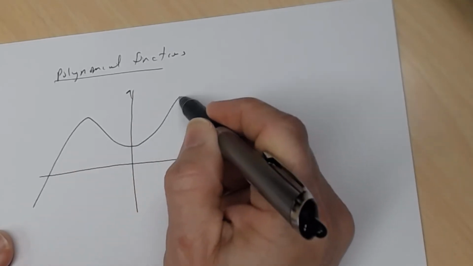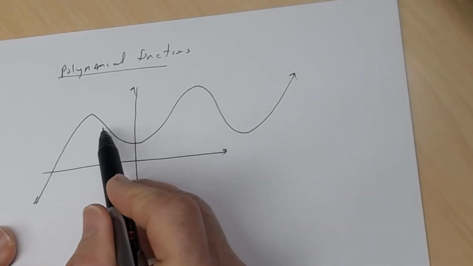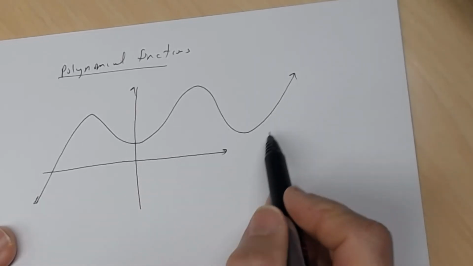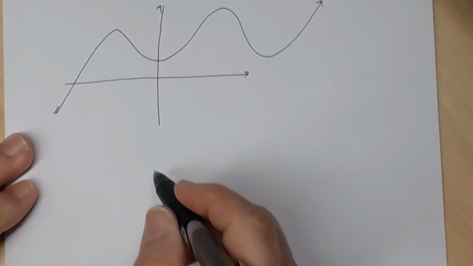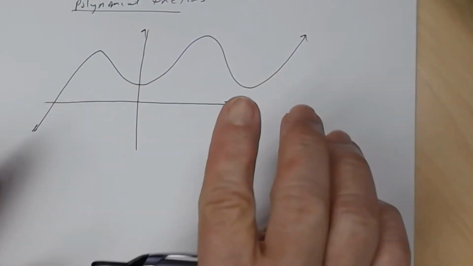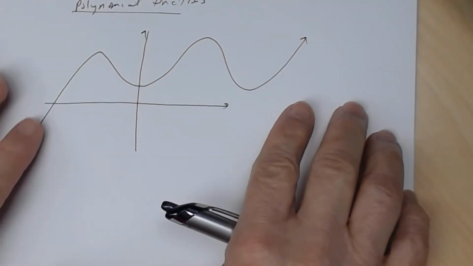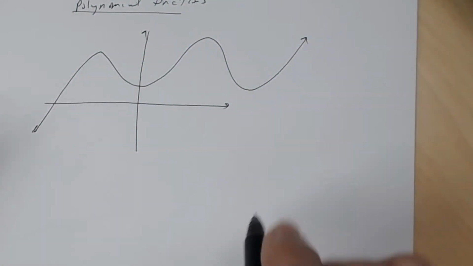Notice how I'm drawing this. All of these are smooth curves, and notice there are no gaps. Here's just one example. Notice the end behavior; I still want you to keep it in mind. On the left side, your graph is falling. On the right side, your graph is rising. That's going to be important.